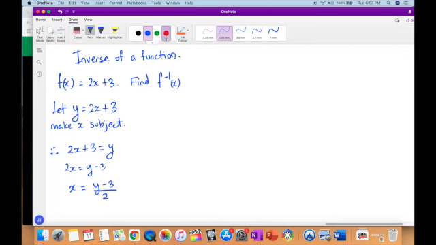Now, literally switch y with x. When I did it, I got x is equal to y minus 3 over 2.